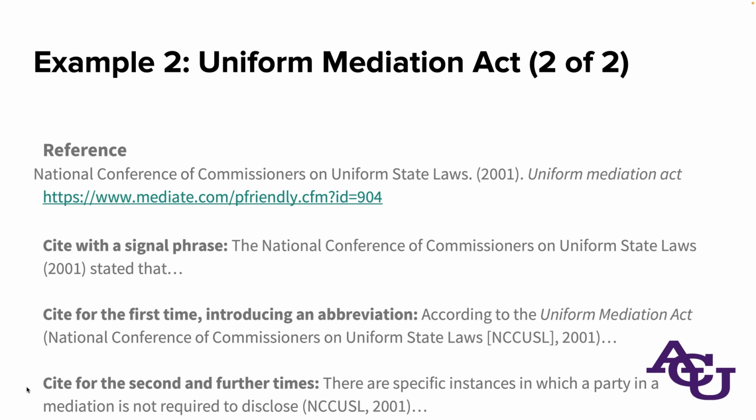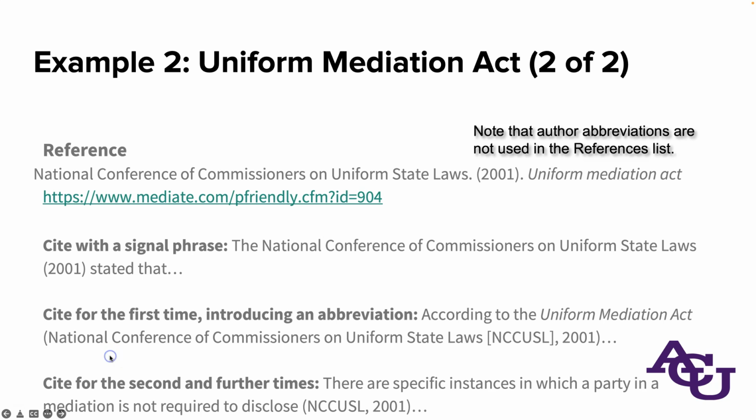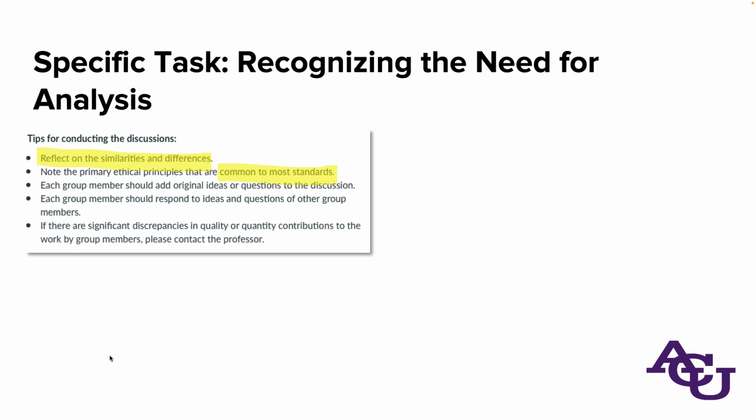That's the NCCUSL. And then thereafter, in the paper, you can just refer to it using the abbreviation, which takes up a whole lot less space than spelling out National Conference of Commissioners on Uniform State Laws all the time. Do note, however, that the abbreviation is not used in the references list, as it's just used in the body of the document.